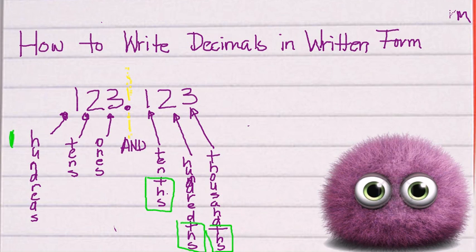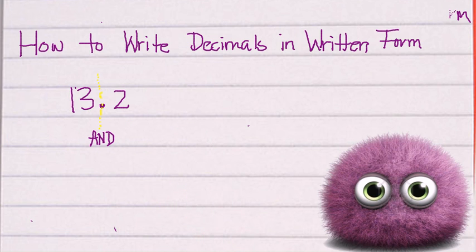All right, now, how do we name a decimal? We have the number 13.2, and that's not how we say it. It actually has a real written form. I'm going to go step by step.